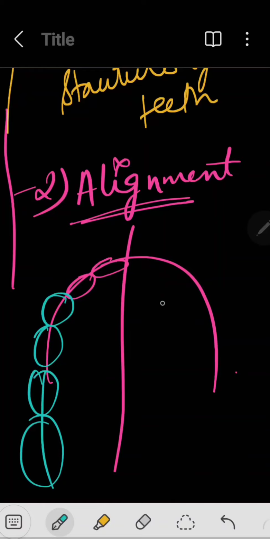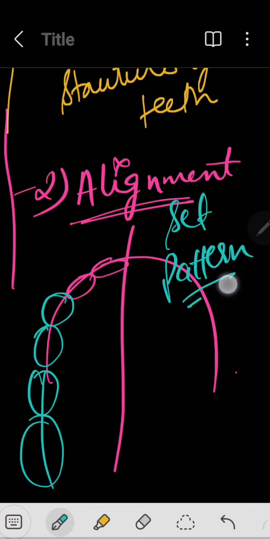So there is one particular set pattern in which the teeth are aligned in the oral cavity. That also comes under the static aspect of occlusion. It is not the case that today the alignment is something and tomorrow it will be something else.